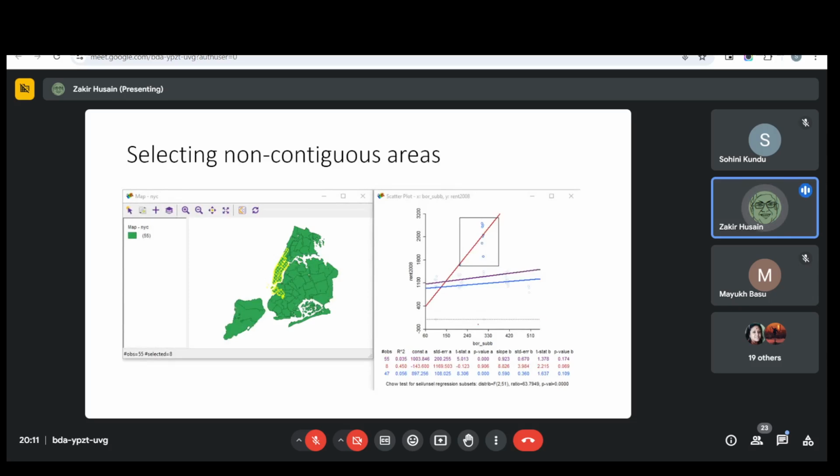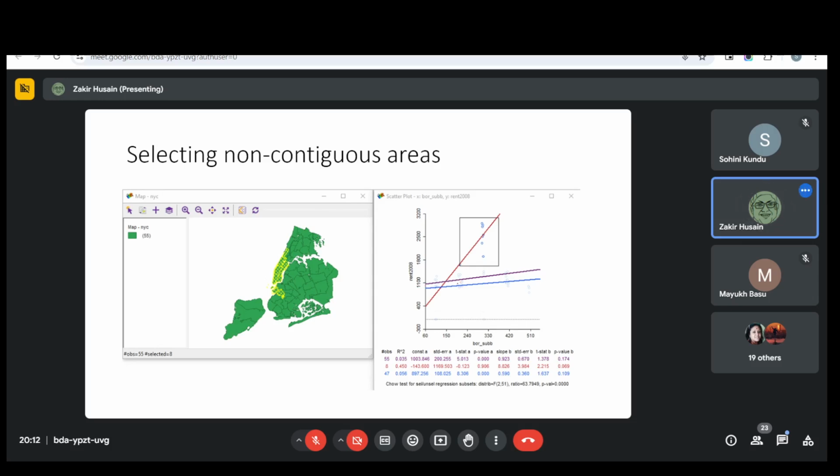We can also select non-contiguous areas. Over here, I brushed this scatter plot. I selected these, how many? 3, 4, 5, 6, 7. Actually, there are 8 points here. There's another point over here. This is Manhattan, plus these 2 boroughs. You can see that this is the slope of the selected regions. Pretty sharp slope, 8.826.